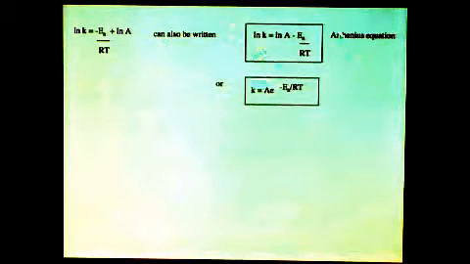It will often be written with just natural log of A and the Ea over RT term reversed. So that's as a straight line, and this is often what you see for the Arrhenius equation. You can also get rid of the natural logs and have the term here exponential. So you have k equals factor A times e to the minus activation energy divided by RT. So those are the equations. They're all equivalent to each other that you might see on your equation sheet.